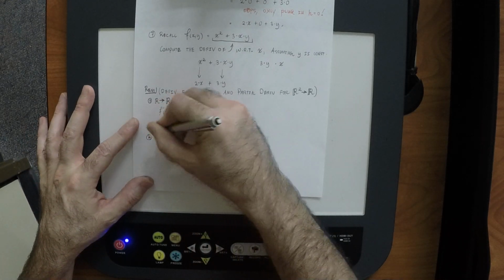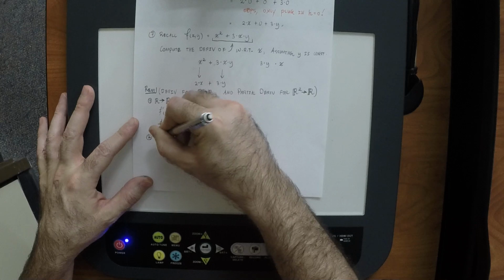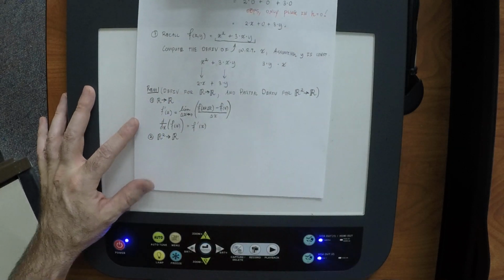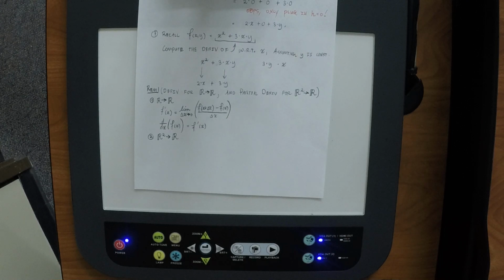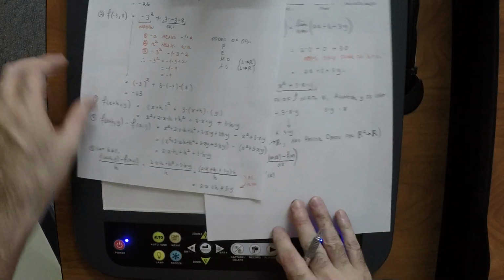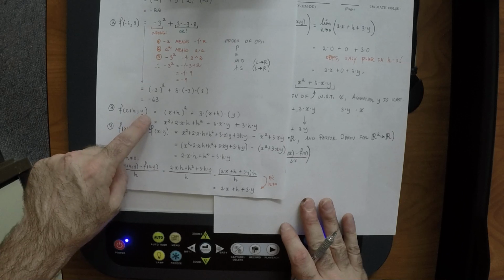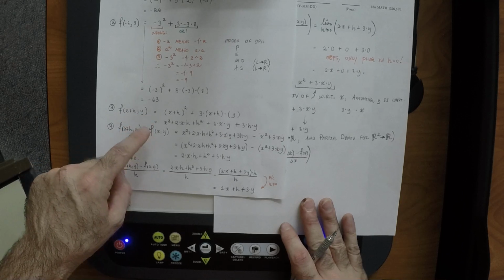Now, here's the thing, in the R2 to R case, well, if you look at the previous page, notice that what we were doing is that the second argument was always just y. We just left it alone, right?